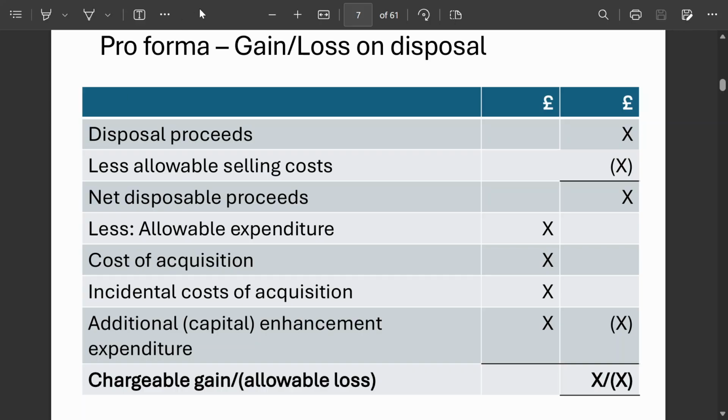So it helps you to remember, when you look at the thing, even if you forget the exact pro forma, you can apply this general principle that logically whatever is essential for that transaction is going to be allowed. So incidental costs of acquisition, exactly like this, will also be allowed. And additional capital enhancement expenditure.